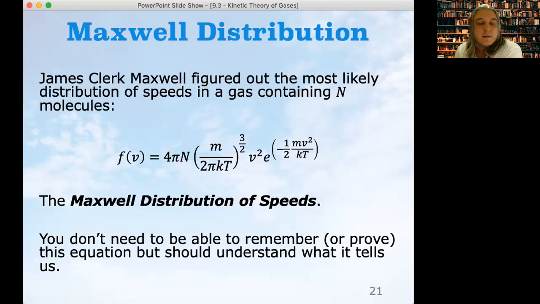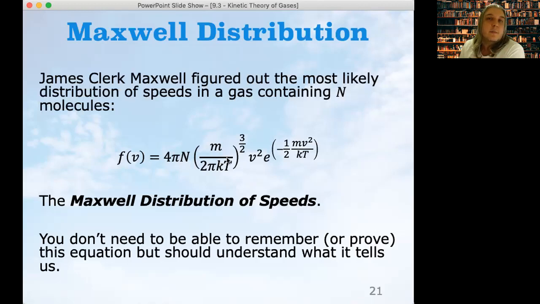Now, it is messy, but let's just have a look at it for a moment and see what it's got in it. There's a couple of pi's in here, some numbers. Those sorts of things don't matter too much. They're just constants that make the equation come out correctly. But with the actual terms, we've got the number of particles, big N here. We've got a mass, the mass of the particles.